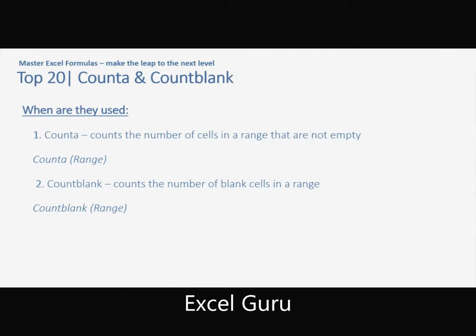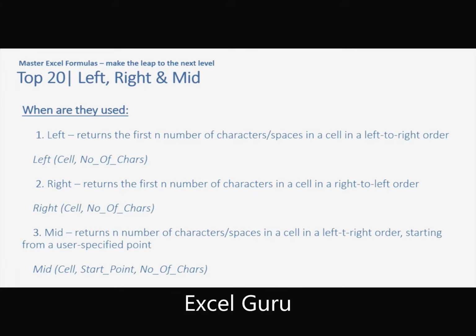Okay, now going back to the presentation, the second set of formulas here is LEFT, RIGHT and MID. These formulas have to do with extracting a specific number of characters from a range, from a cell.